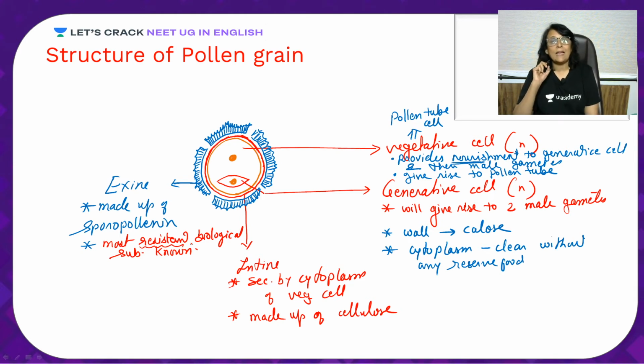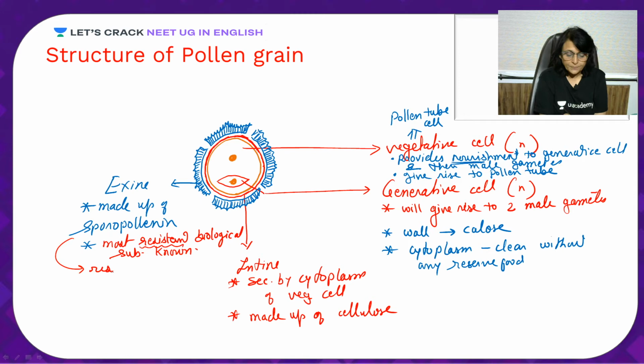And if an animal, say, eats this pollen grain, nothing is going to happen when it passes through our alimentary canal, because in our alimentary canal there is alkaline pH also, acidic pH also, there are enzymes. So sporopollenin is resistant to acids, bases.